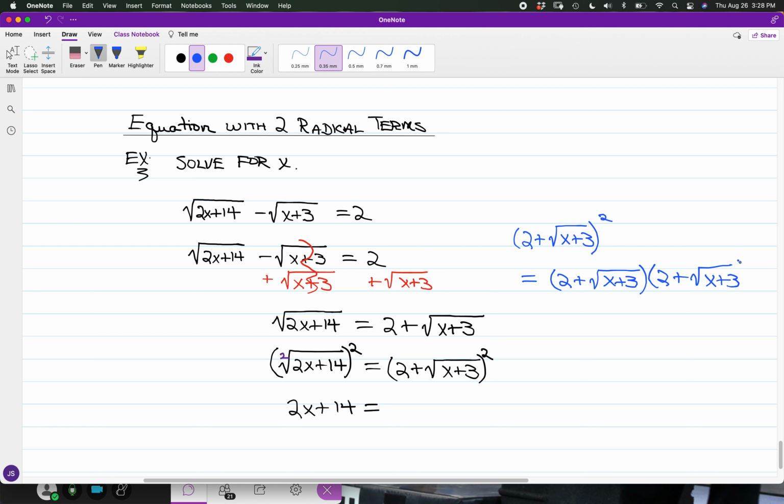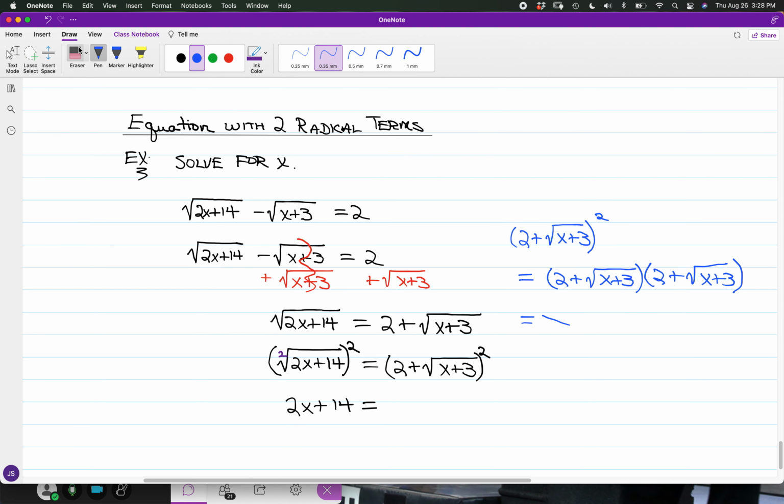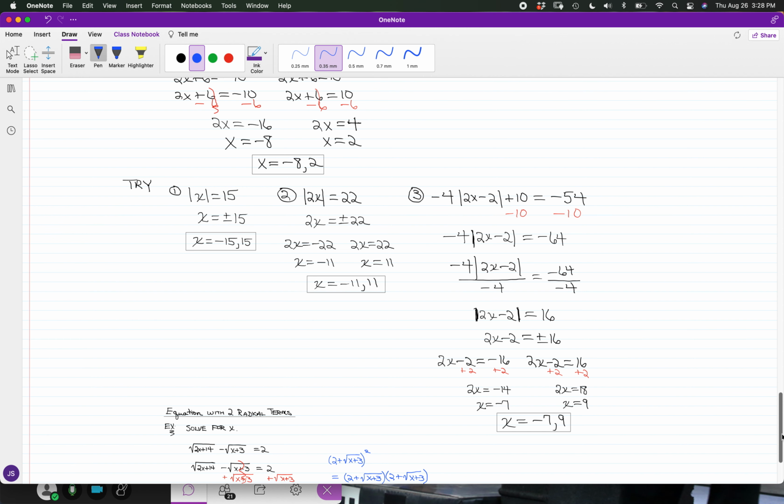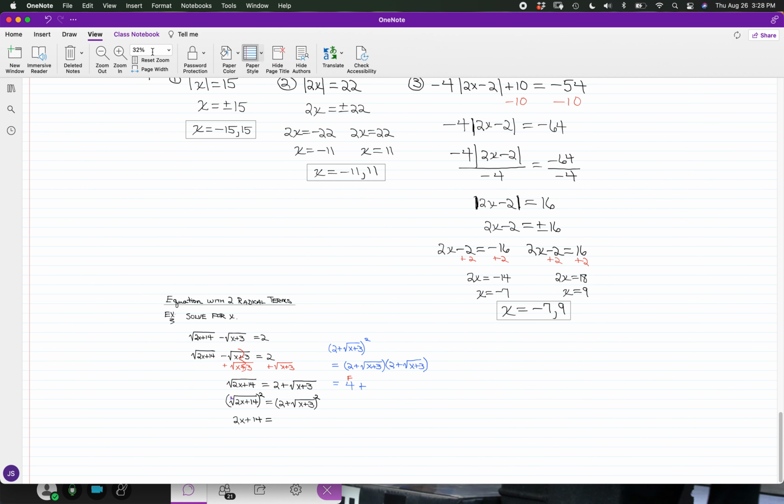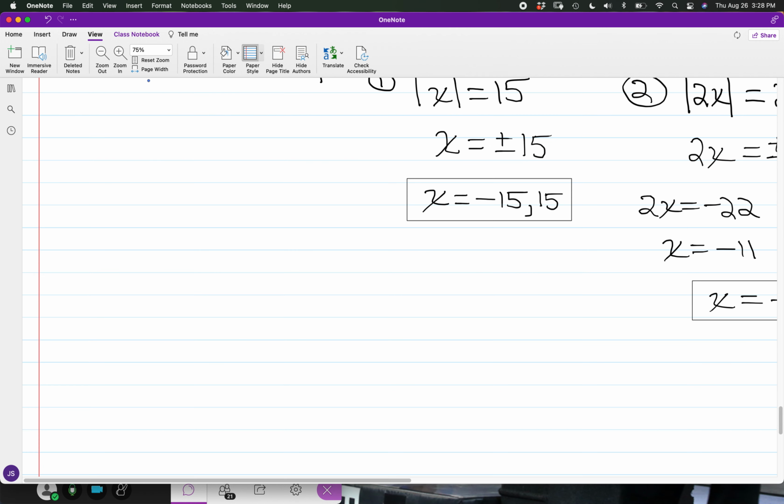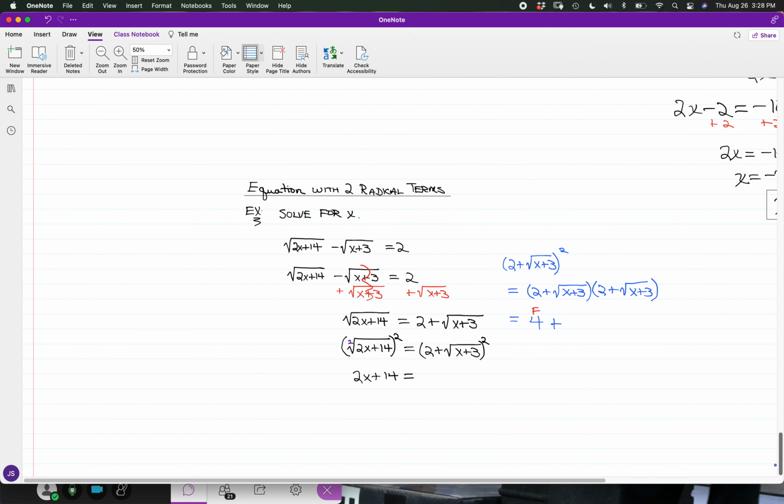If I were to take the FOIL, you have 2 times 2, so that's going to be 4. You have the outside term, so you have 2 times the square root of x plus 3.